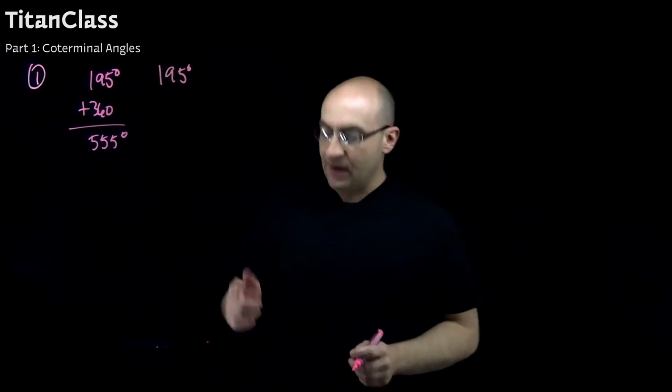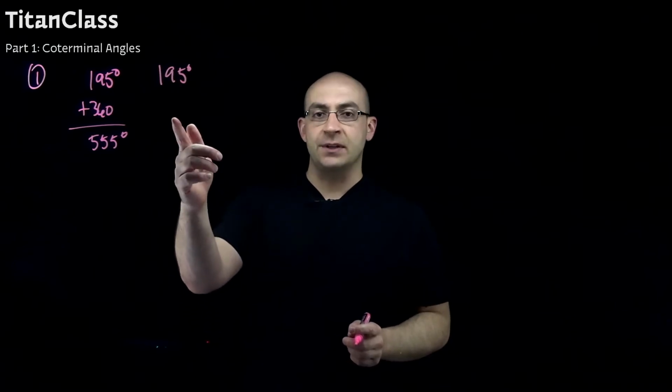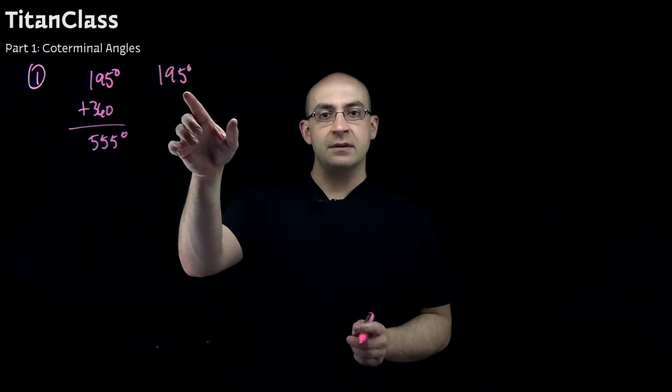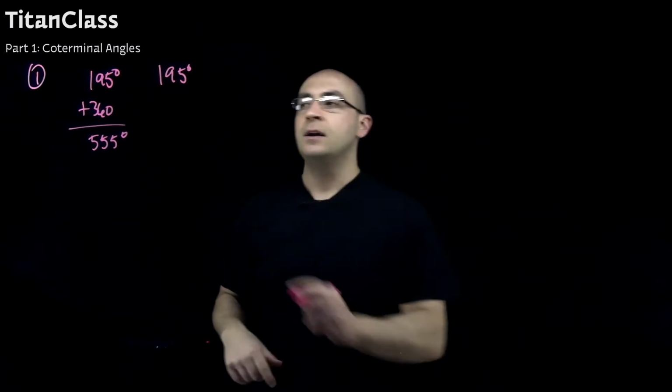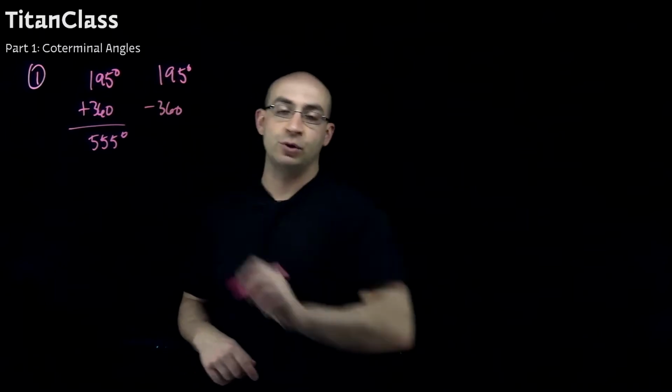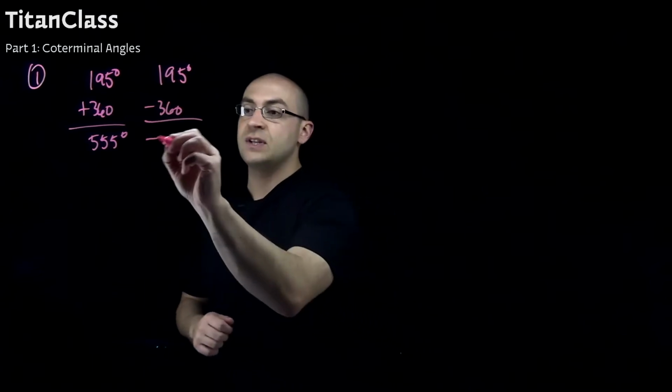Interesting. If I want a negative coterminal angle, well, I'm just going to subtract 360, meaning I would take this angle measurement and just go the other way around, right? So I'm going to subtract one full revolution from there, minus 360, and that is going to give me a negative 165.